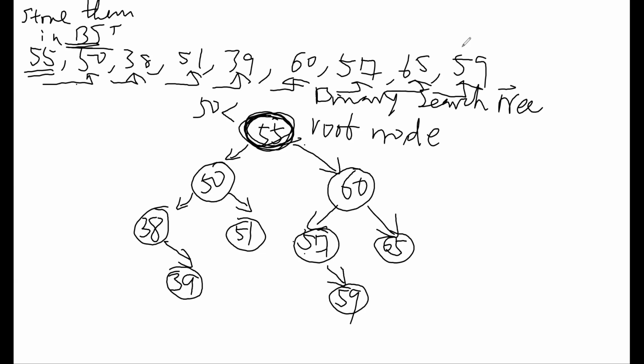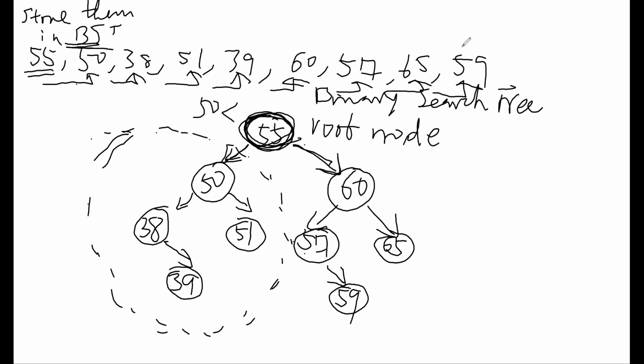And then from this root node, you have two branches. And if you take a look, you will find this whole part I just circled is a tree itself. It's also a tree.